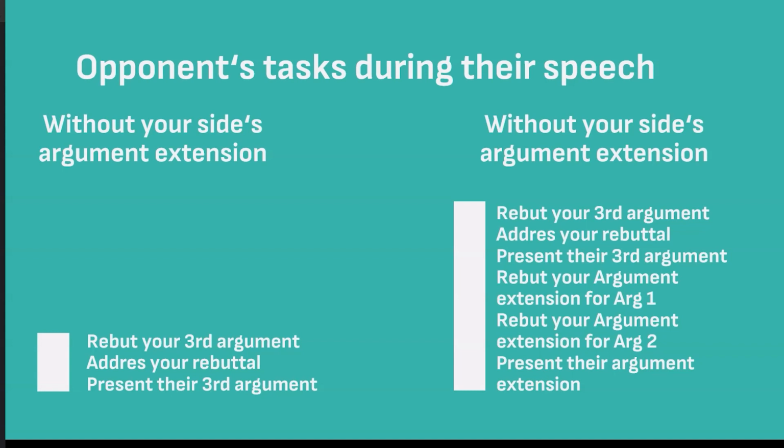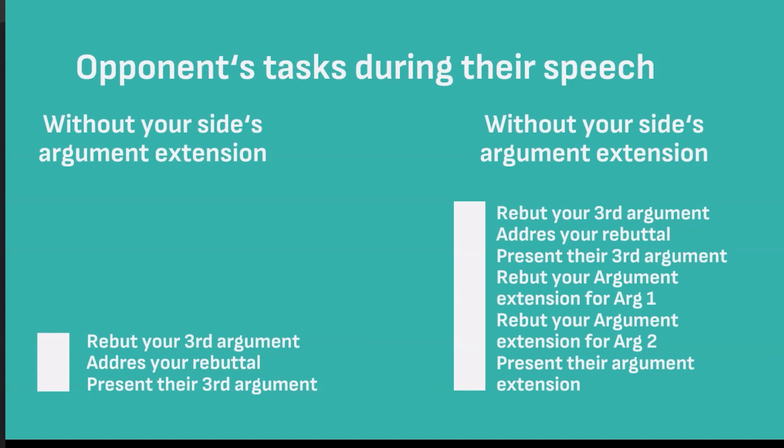If you provide argument extension, now the opposing team has to do much more. They have to do all those three mentioned above, but they also have to rebut your argument extension for argument 1 and rebut your argument extension for argument 2, eating up their precious time. If they do not do it, your argument stands and therefore you win the debate. So they have to take this time.